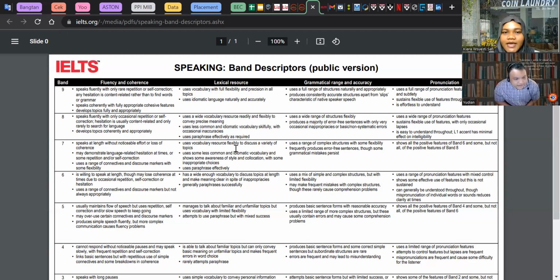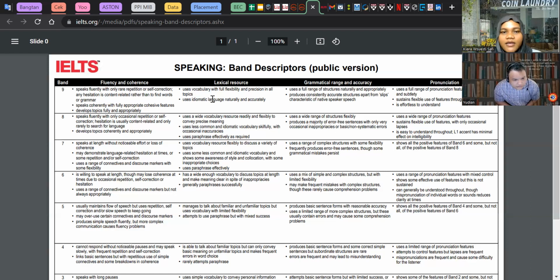Yeah. So the next one is the lexical resource: using vocabulary flexibly to discuss a variety of topics. Second, use some less common and idiomatic vocabulary and show some awareness of style and collocation, with some inappropriate choices. And the last one is to use paraphrase effectively.